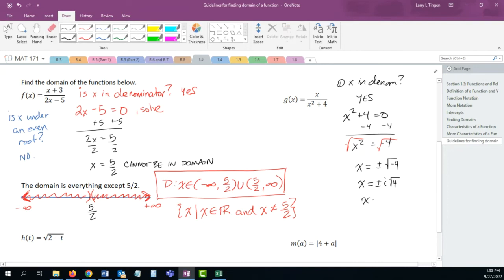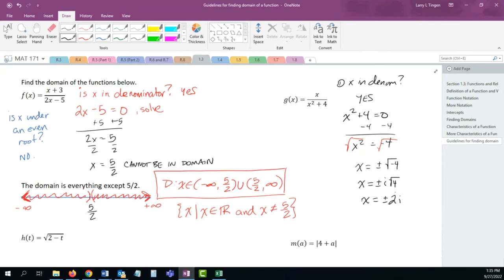Okay? So I told you if x is in the denominator, there's always going to be some number that you can plug in for x that makes the denominator 0. In this case, those are complex numbers. So whenever I take the denominator, set it equal to 0, if I find complex solutions here, they weren't in the domain to start with, and I need to remove them, right?